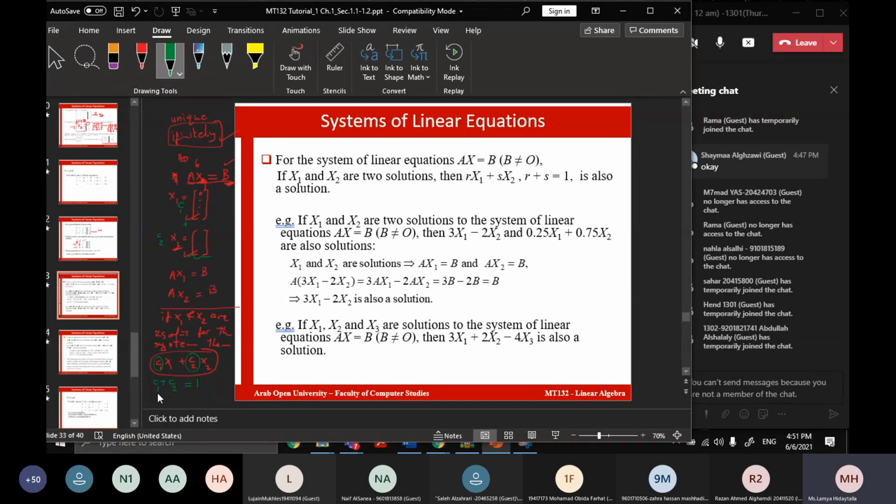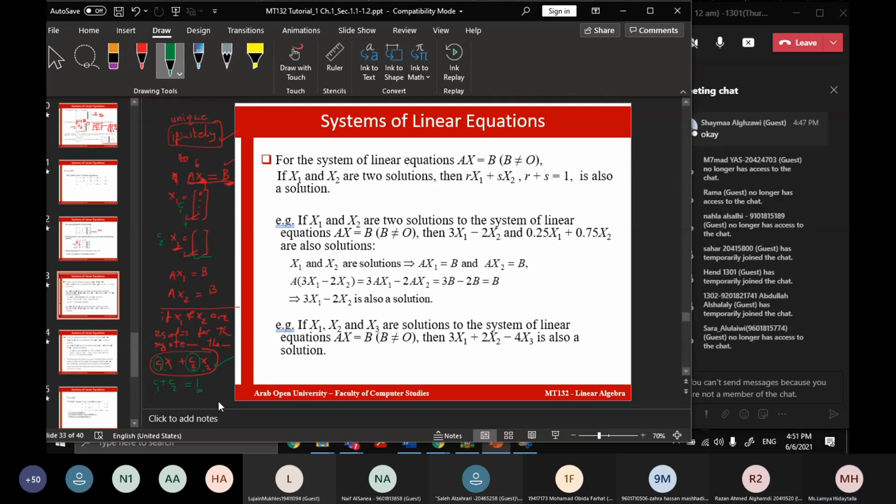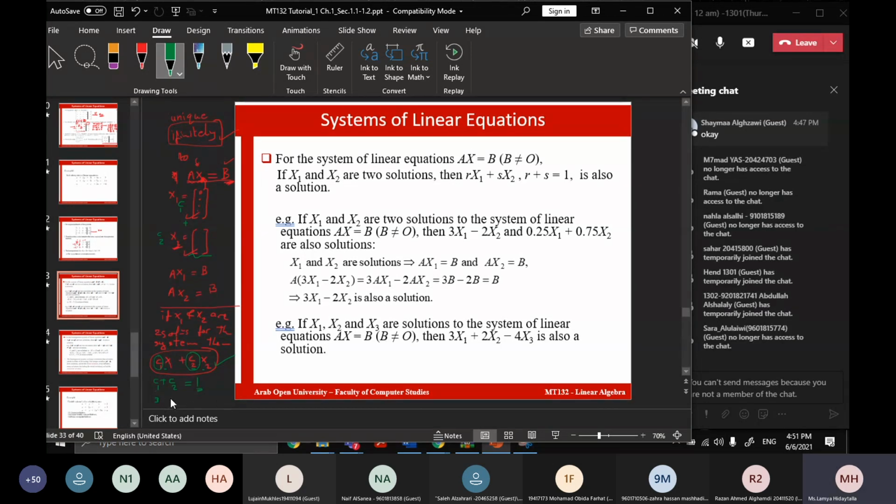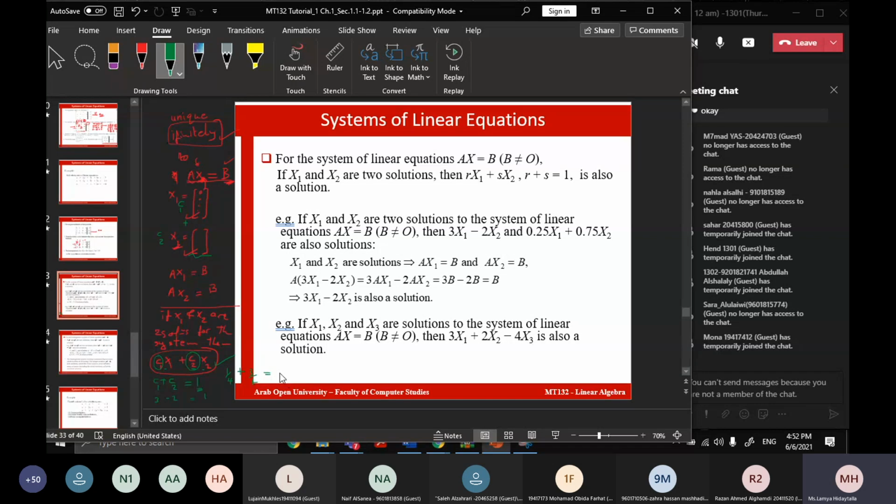So the basic condition for this to be a solution is that the numbers you multiply by x1 and x2 should add up to 1. For example, 3 and minus 2, which add up to 1. Or another example, 1 over 4 and 3 over 4, so their addition is 1.